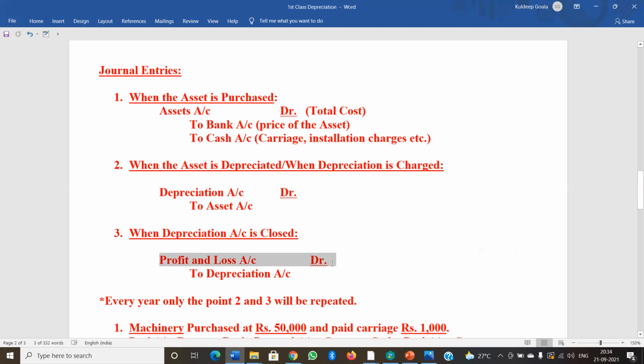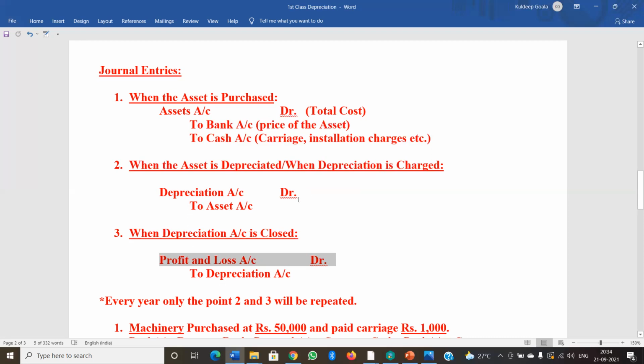Profit and loss account is the mother of all the nominal accounts which are indirect in nature. Indirect means it does not have a direct influence on production. So all the indirect expenses will ultimately be closed by transferring to the profit and loss account. That is why we are taking the profit and loss account here. How to close it?